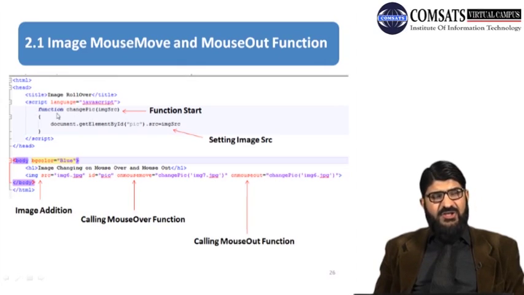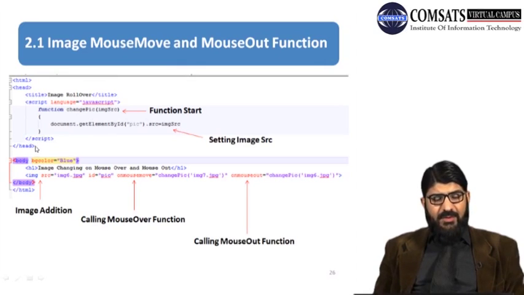Then a function named changePic is given, taking a parameter imageSource. Then the document.getElementById method is referred, where the method takes the image that is picked, and then the source of the image is given as imageSource, where imageSource is basically the instance.